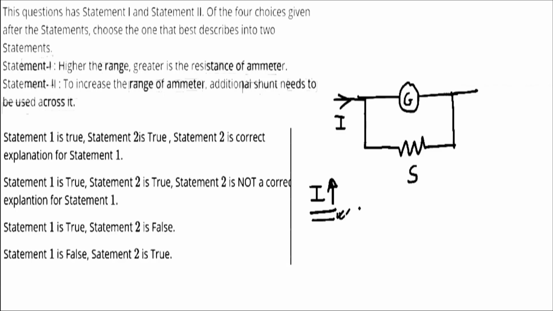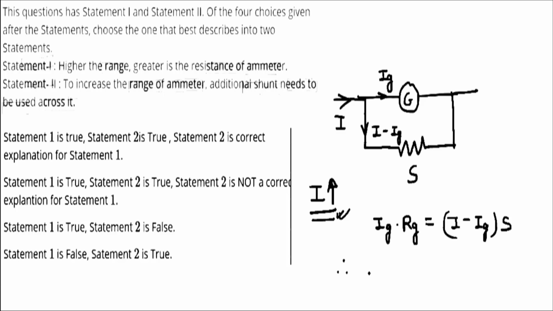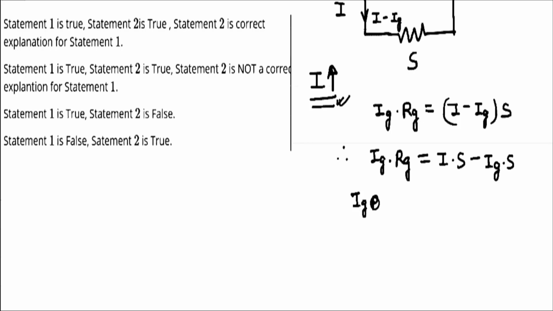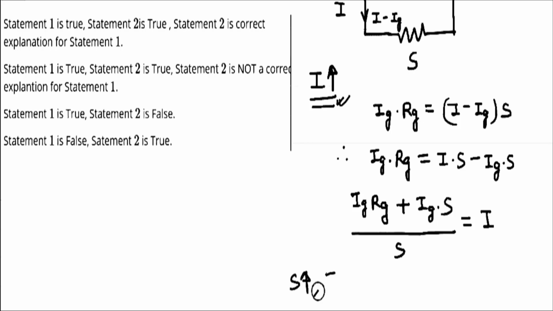If this is the current Ig and this is the current I minus Ig, then we can write Ig into Rg, the resistance of the galvanometer, equals I minus Ig multiplied by S. So Ig into Rg equals I into S minus Ig into S. Now Ig into Rg plus Ig into S, upon S, equals I. Here S is the shunt resistance, so if we increase the value of S, the current will decrease.